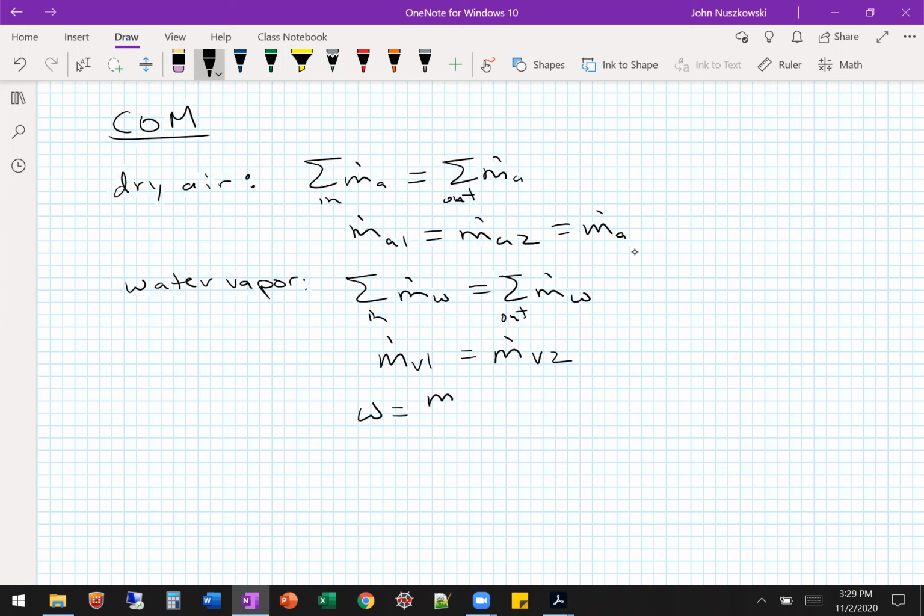And this is where we brought in, from the lecture, the specific humidity, right? If we rearrange this for the mass of vapor, we have this. We can make these rates, and now we can relate the mass flow rate of water vapor to the mass flow rate of dry air times the specific humidity.